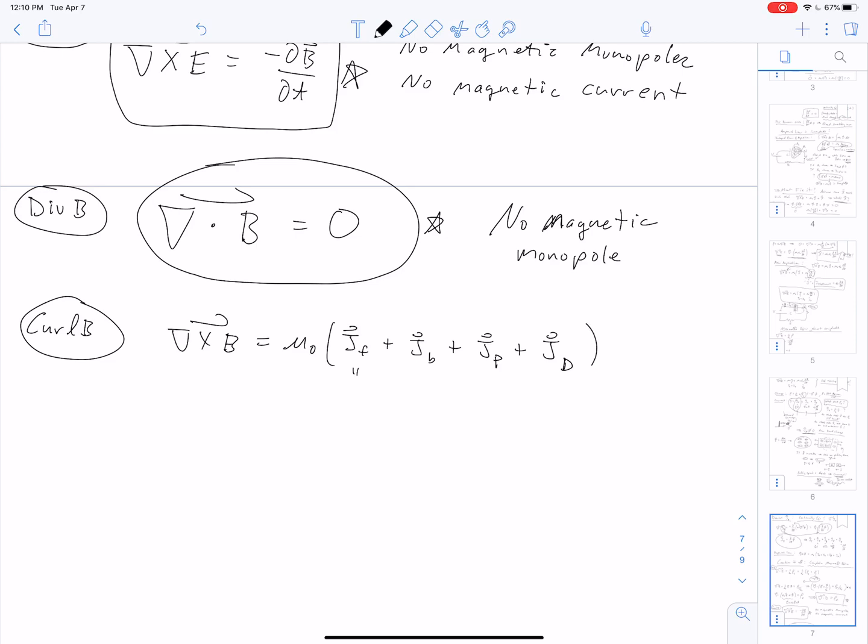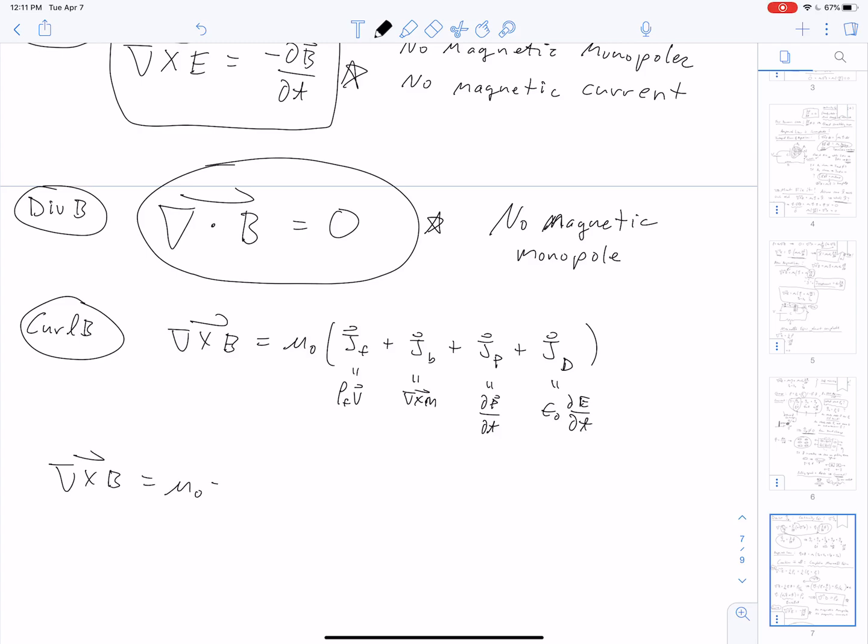And that one is rho, this one is rho free times velocity. This one is del cross M. This one is dP/dt. And this one is epsilon naught dE/dt. And so let's use those. That means we can rewrite del cross B like this.